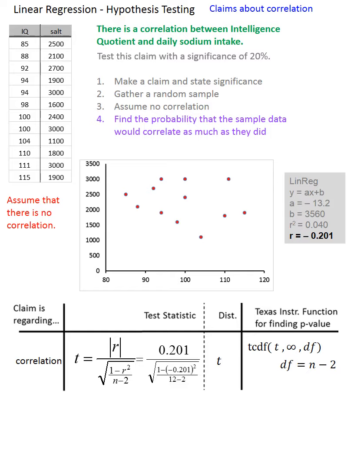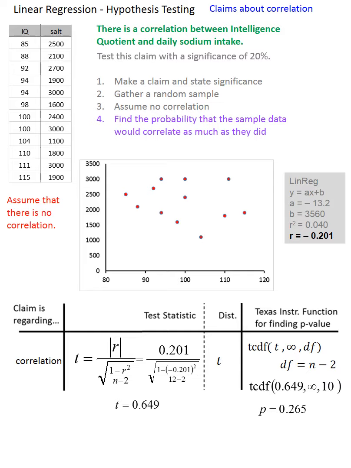And I can take that along with a sample size of 12, you'll notice, the number of people we gave the IQ test to, compute t, and we can plug that t into our cumulative distribution function to get a probability value.